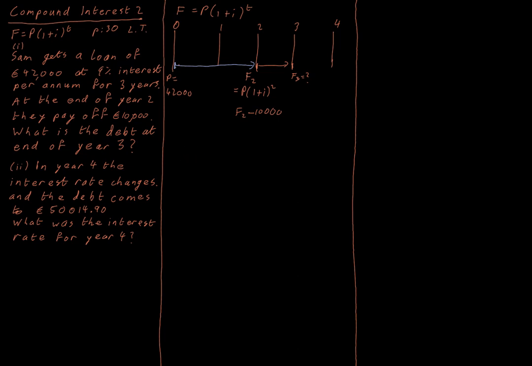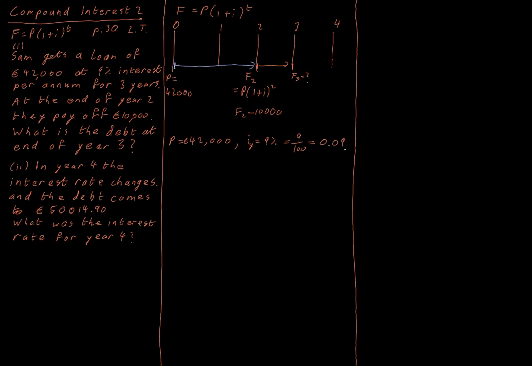So we want to deal with our blue part here first. We are going to say our starting value is €42,000, and our interest rate is 9%. It's a yearly interest rate. Immediately, I turn that into 9 per cent per 100, which is 0.09, from our calculator.